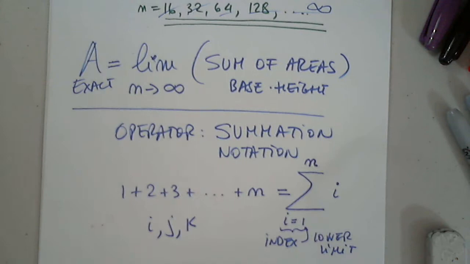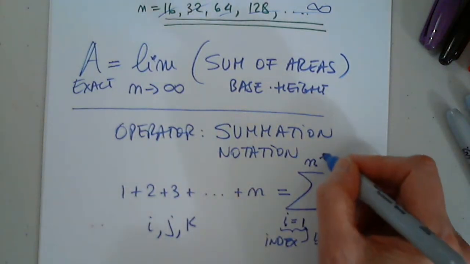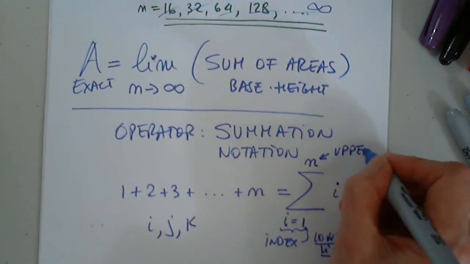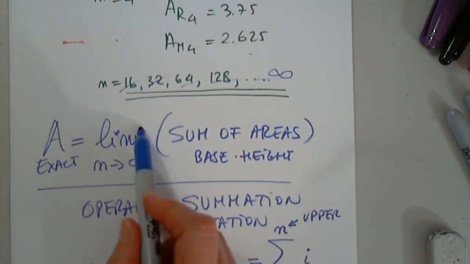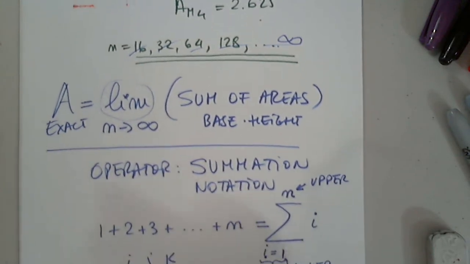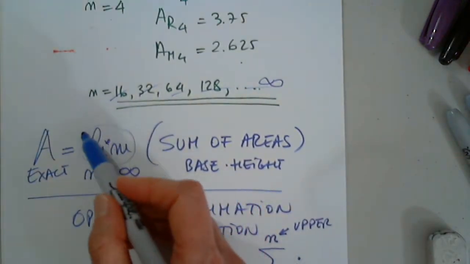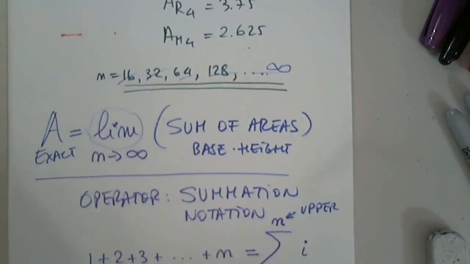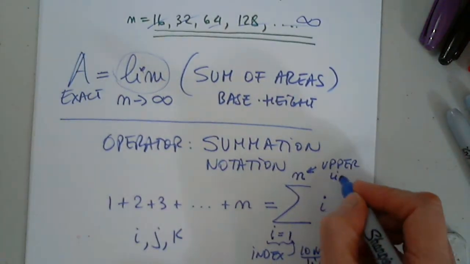You can use A, you can use anything, it doesn't really matter. So 1 is the lower limit, n is the upper limit. When I use the word limit here, I'm not talking about the operator limit. I'm just saying the last one, upper limit.